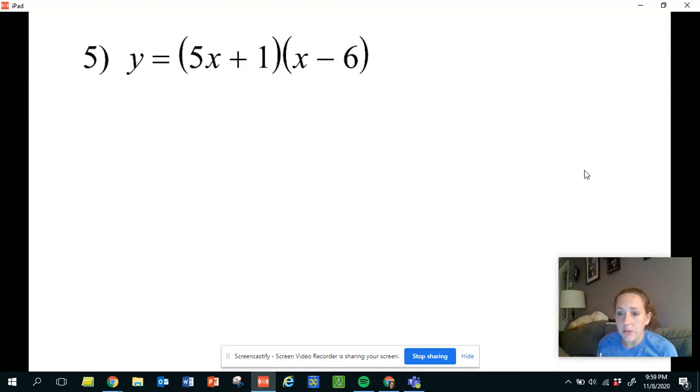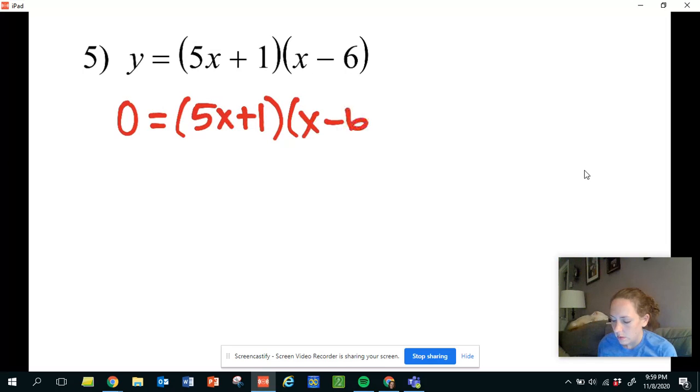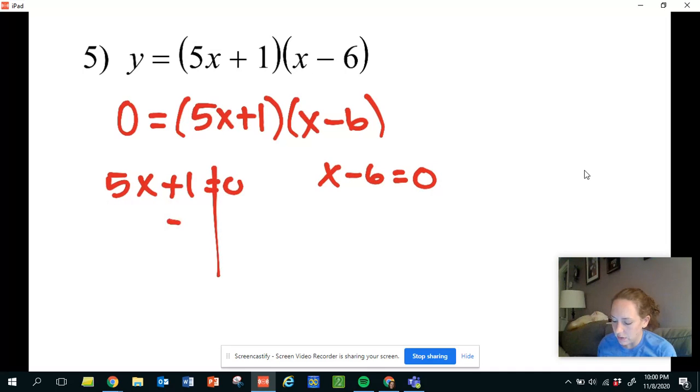So for the x-intercepts, I'm plugging in 0 for y. And because of the zero product property, I'm going to just set each factor equal to 0. So again, here I have a two-step equation. So I get 5x equals negative 1.